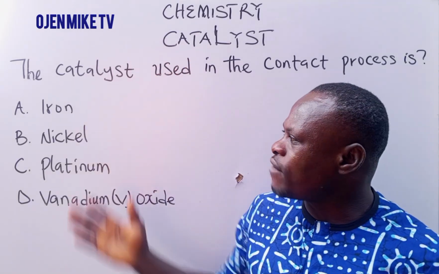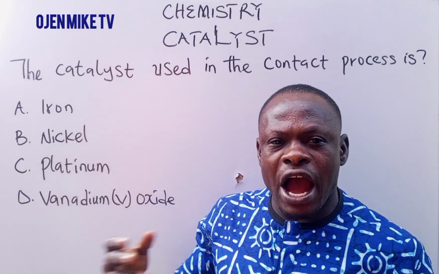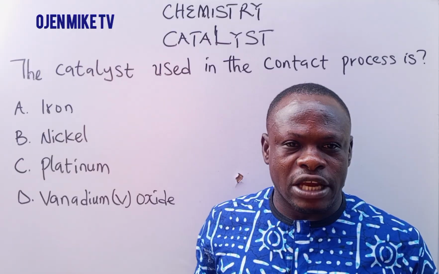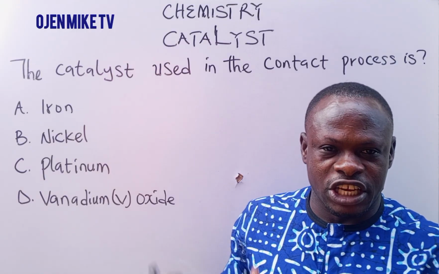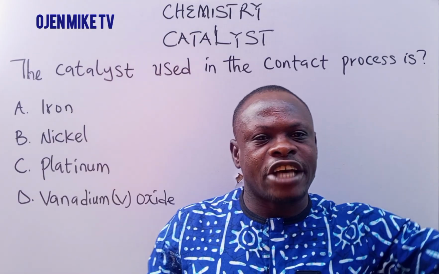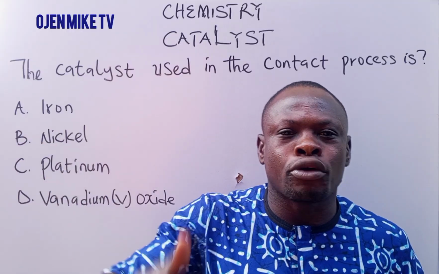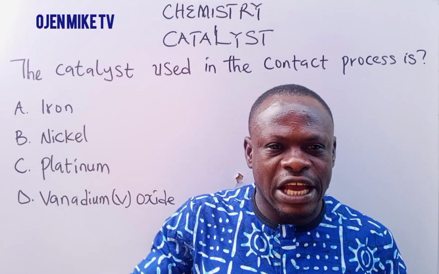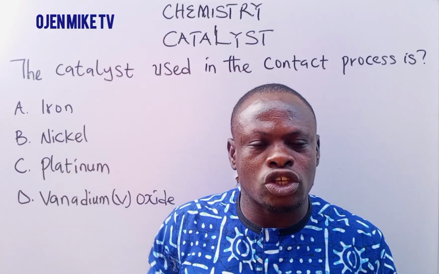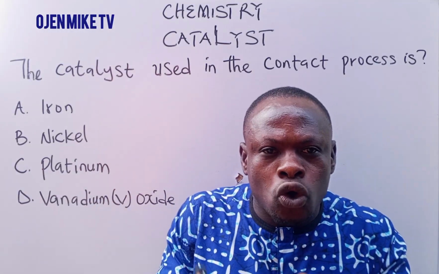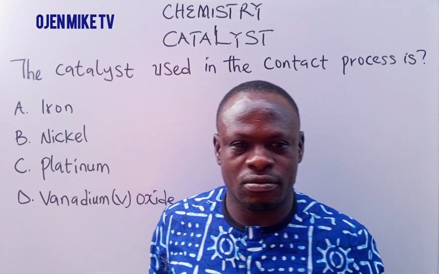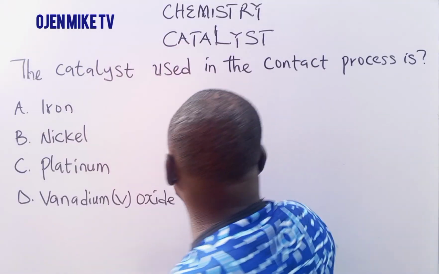Now we have a range of options here. We have two major types of catalysts. Like I just said in the definition, a catalyst either speeds up or slows down. The one that speeds up is called a promoter. A catalyst that speeds up the rate of chemical reaction is called a promoter, or a positive catalyst.